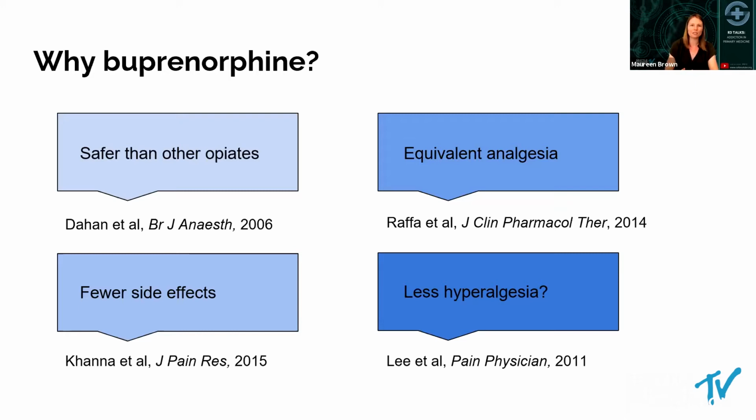Many of them are RCTs that put buprenorphine head to head with drugs like intravenous morphine, specifically in the perioperative setting, and showed that Bupe resulted in equivalent analgesia to all of those agents. So that's really cool for us. And then there's some question around this last one, but there is a thought that buprenorphine at least has a slower rate of development of hyperalgesia than other opiates. So even if it doesn't reverse it, it does have less of that effect.